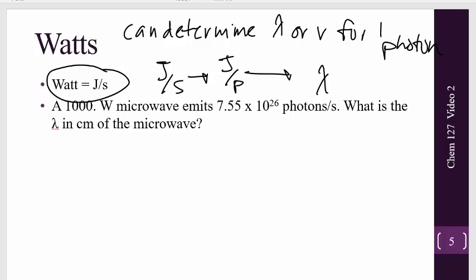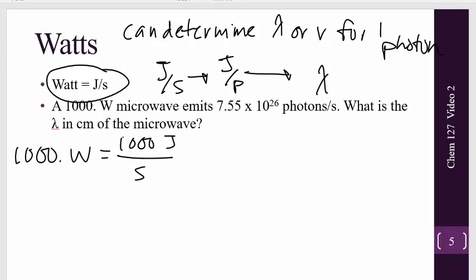So what we have now is 1000 watts, and I did put this period in place behind the last zero to indicate that there's 4 significant figures in this value. So that's equal to 1000 joules per second. And we know our intermediate step we need is joules per photon. So then we can go from joules, we want to get photons down here.